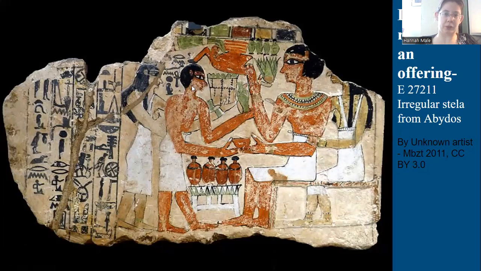But I'm not fully sure, because this is either the same couple or a different couple that are giving offerings to this second couple here. But this is that offering formula that you see on a lot of these stele and that we've seen in other slides as well.